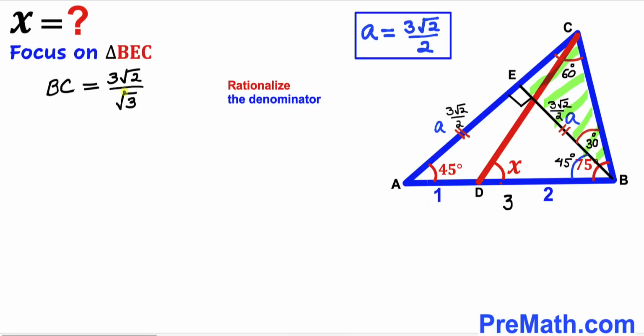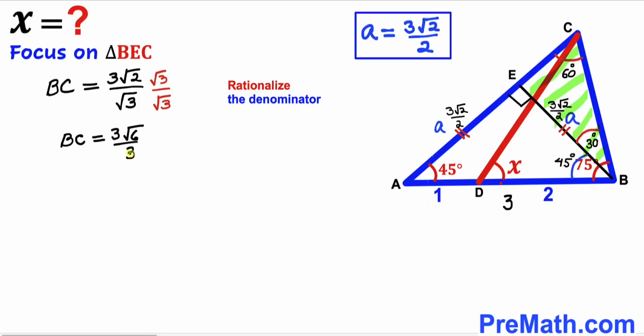And now we are going to rationalize this denominator. So therefore, we are going to multiply and divide by square root of 3 at the very same time. And we can see square root of 3 times square root of 3 is going to give us simply 3. So therefore, our BC length is going to be 3 times square root of 6 divided by 3.